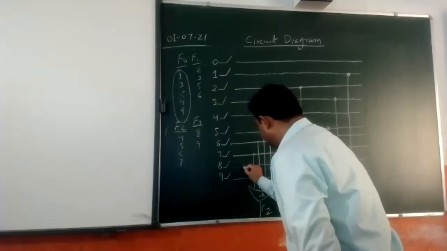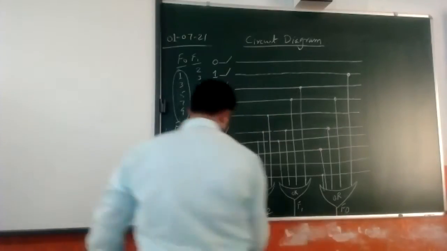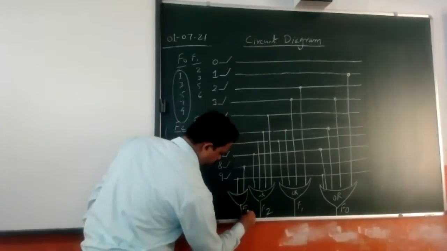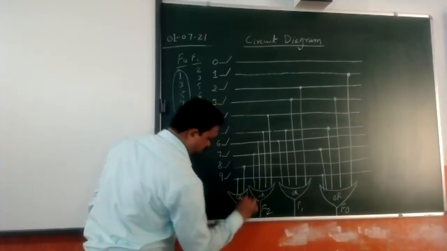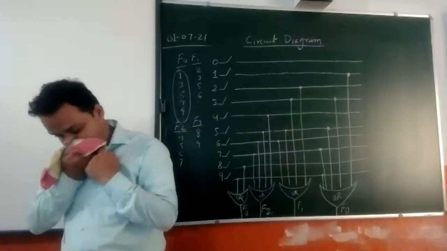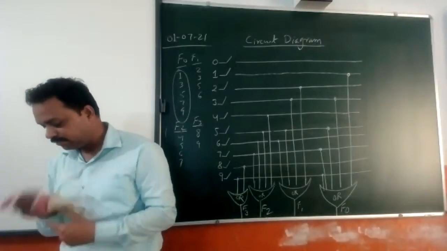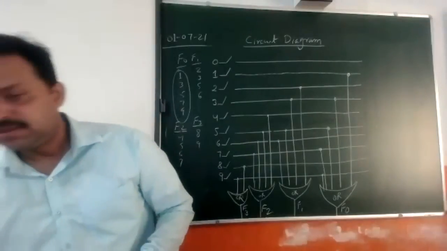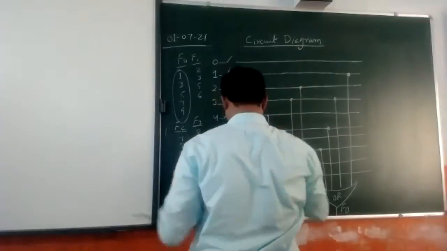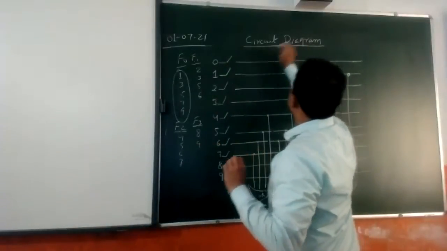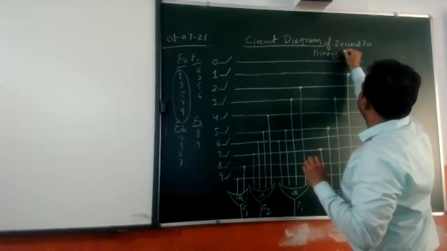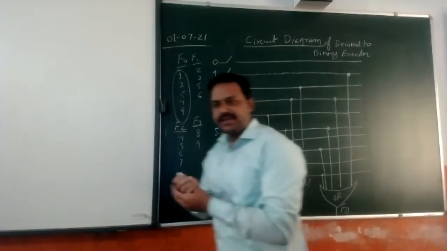So here we have 8 and here we have 9. This is the circuit diagram of decimal to binary encoder.